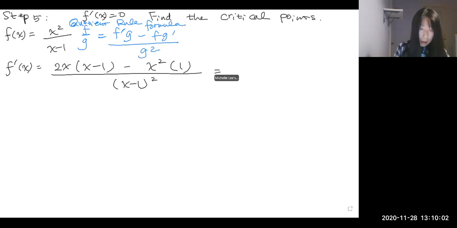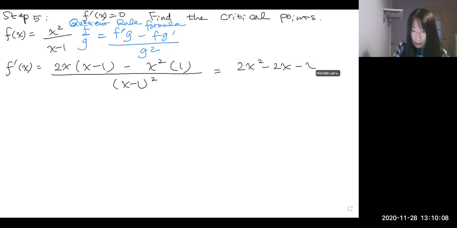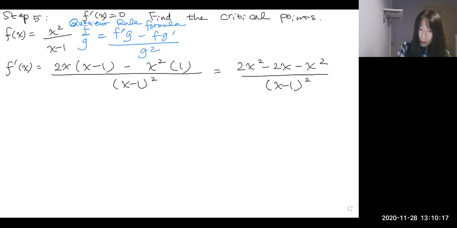So that is 2x squared minus 2x minus x squared over (x - 1) quantity squared, right? Then this will be x squared minus 2x.